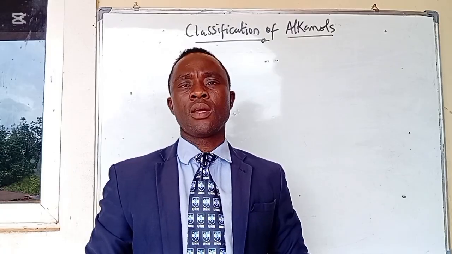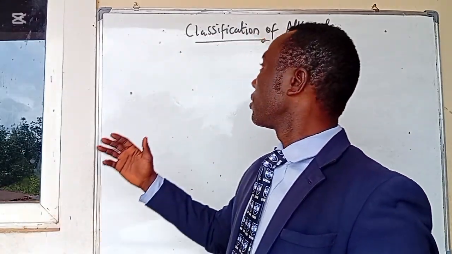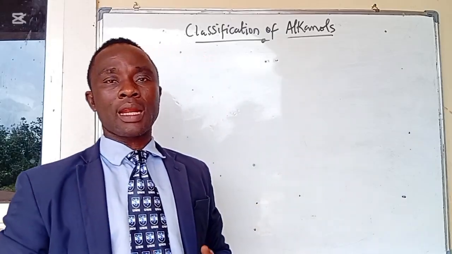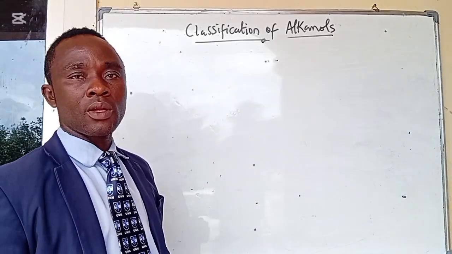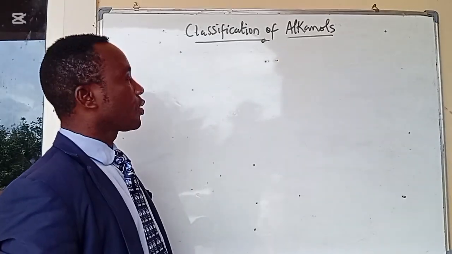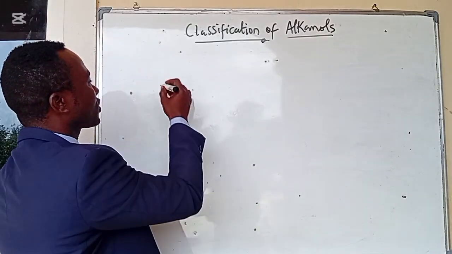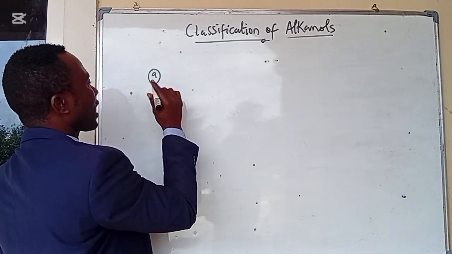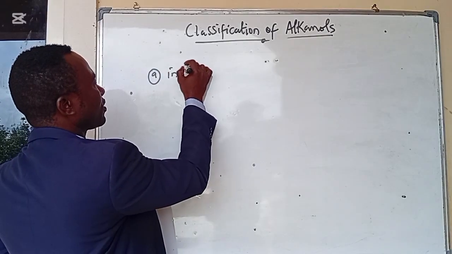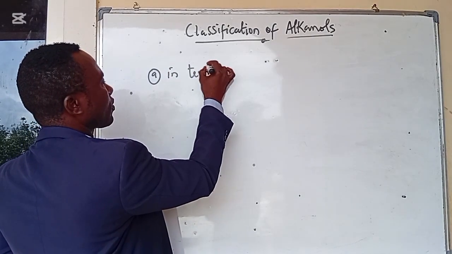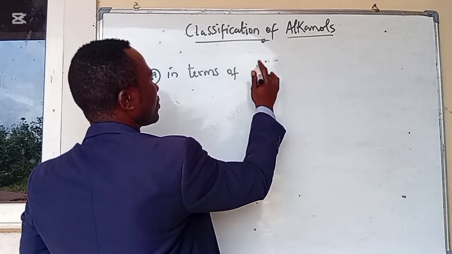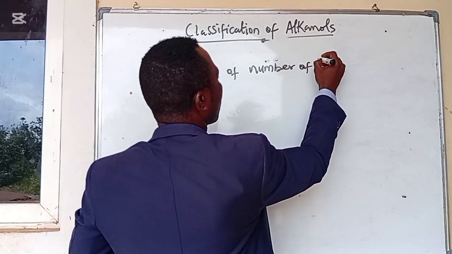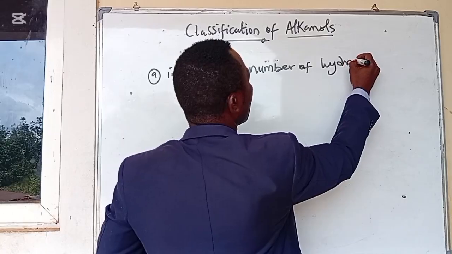In this class, I'll be taking you on classification of alkanols. That is how to classify alkanols. Now, alkanols can be classified in terms of the number of hydroxyl groups.